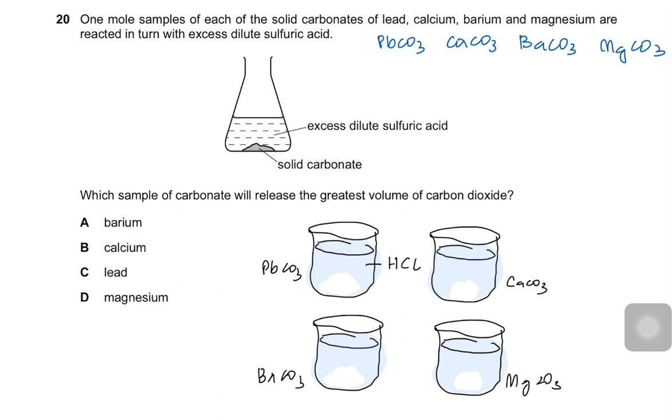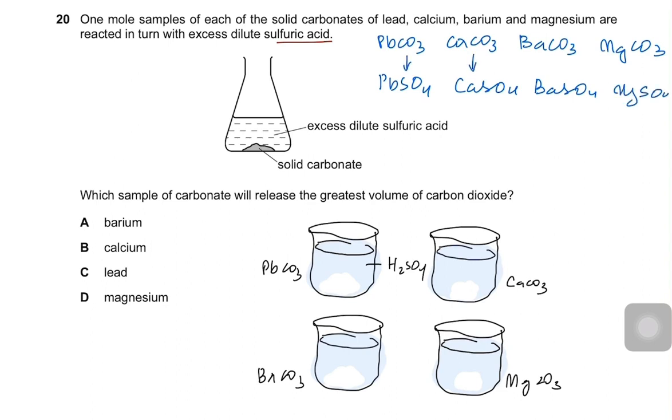Now one of the reactions is completed but the other 3 are not completed. Why? If you remember, these acids are sulfuric acids, so let me write H2SO4. When they react with sulfuric acid, they will make lead sulfate, calcium sulfate, barium sulfate, or magnesium sulfate.